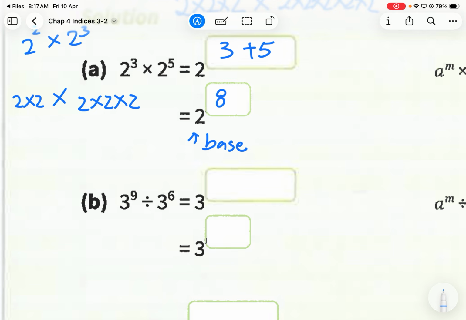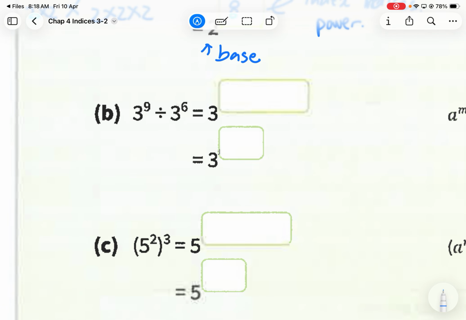Then this 8 over here, we call it the index, or indices, the plural, or we call it the power also, in layman terms, 2 to the power of 8. So the 8 is the power, 8 is also the index. Then this 2 is called the base.